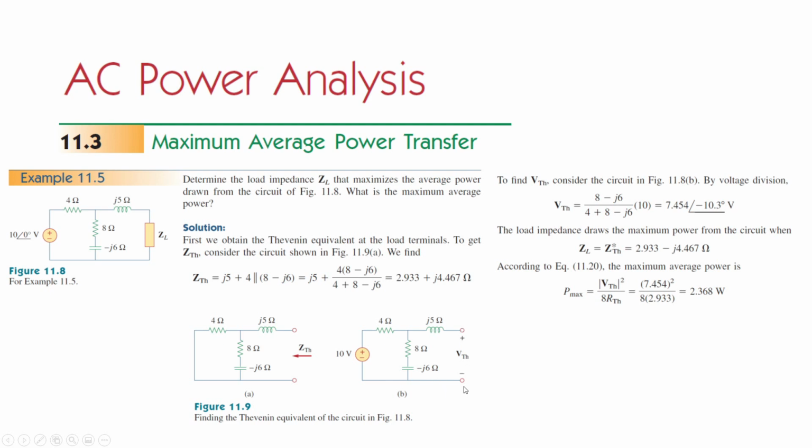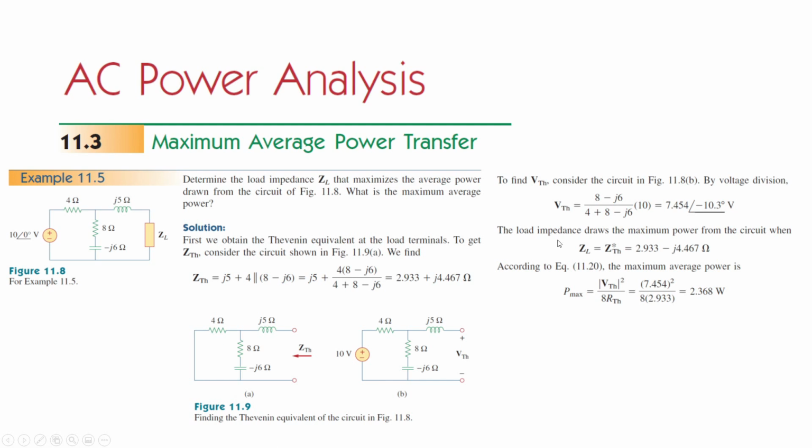This voltage is basically the voltage across this network of circuit elements, so it can be found using the voltage divider. So we have this Z Thevenin, and we have this V Thevenin.